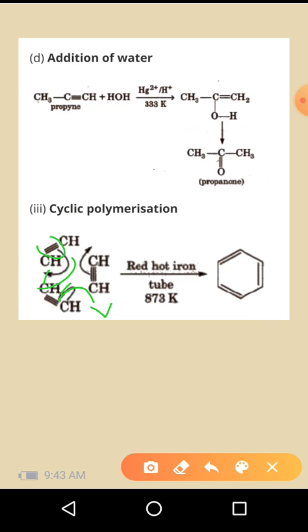When this electron moves towards this center, this carbon becomes pentavalent. In that case, one of the electrons moves like this, so this cyclic process takes place. Finally it will give benzene, or you can denote it like this. So this is also a benzene structure.